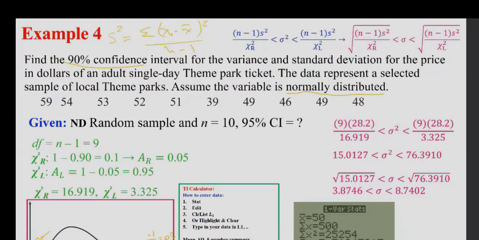Of course, the standard deviation for the price in dollars, the units are dollars for both cases. So we are 90% confident that the true standard deviation for the price in dollars of an adult single-day theme park ticket is somewhere between these two numbers.